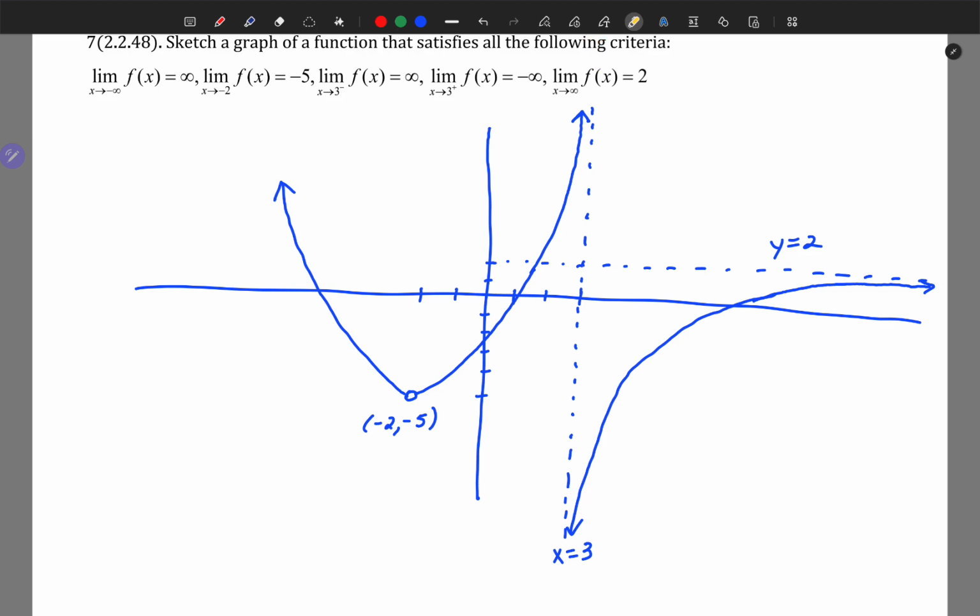Just as I need to draw in vertical asymptotes, I needed to draw in the horizontal asymptote to show, hey, this is the line y equals 2. And as x gets large, it's going to approach that line of y equals 2. But as x approaches 3 on the right-hand side, the y value has to go off towards -infinity. Had to satisfy both of those criteria.